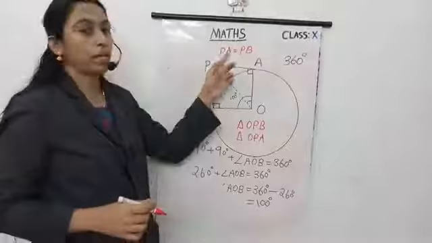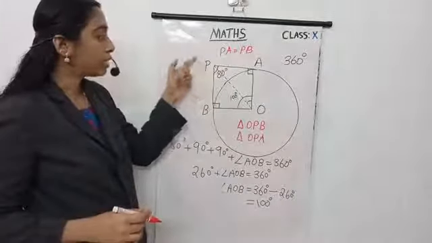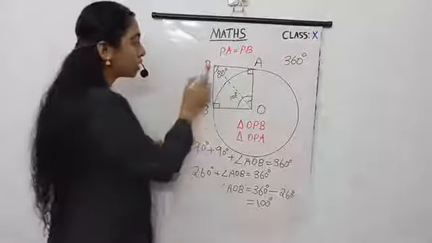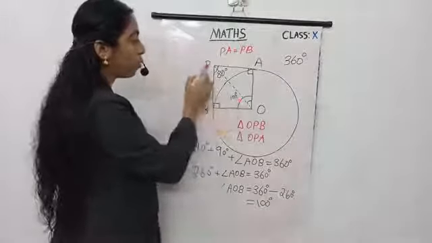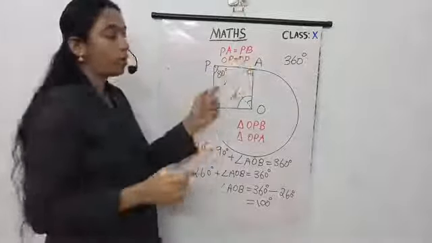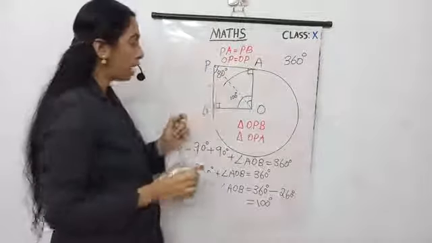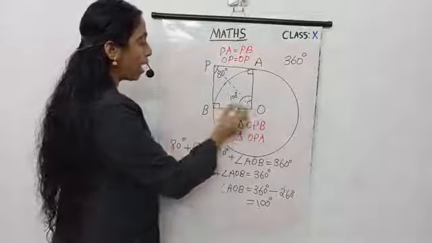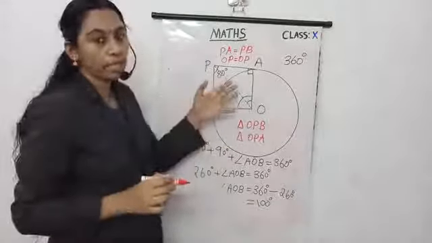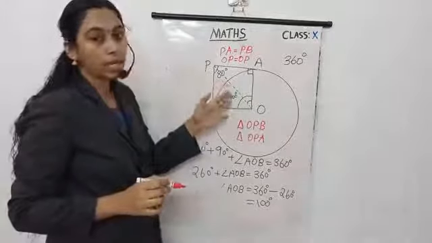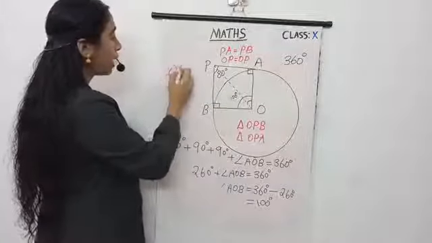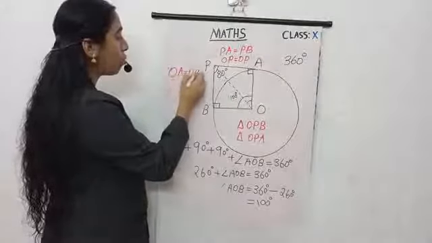Now consider this side OP. OP is equal to OP, common for both the triangles. And OB and OA are the perpendicular distance to the tangent, and that is the radius of this circle. So both are radii, so OA is equal to OB.